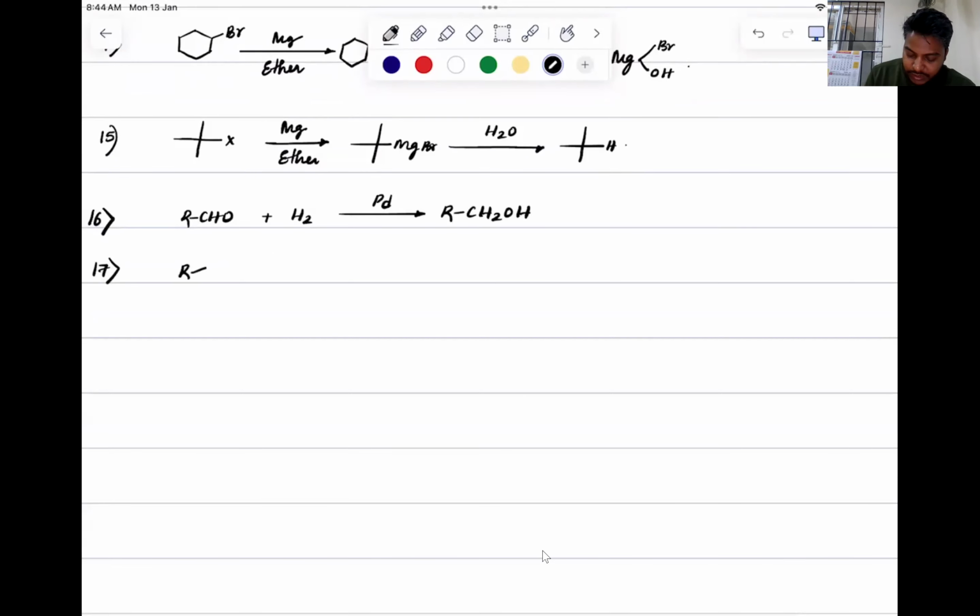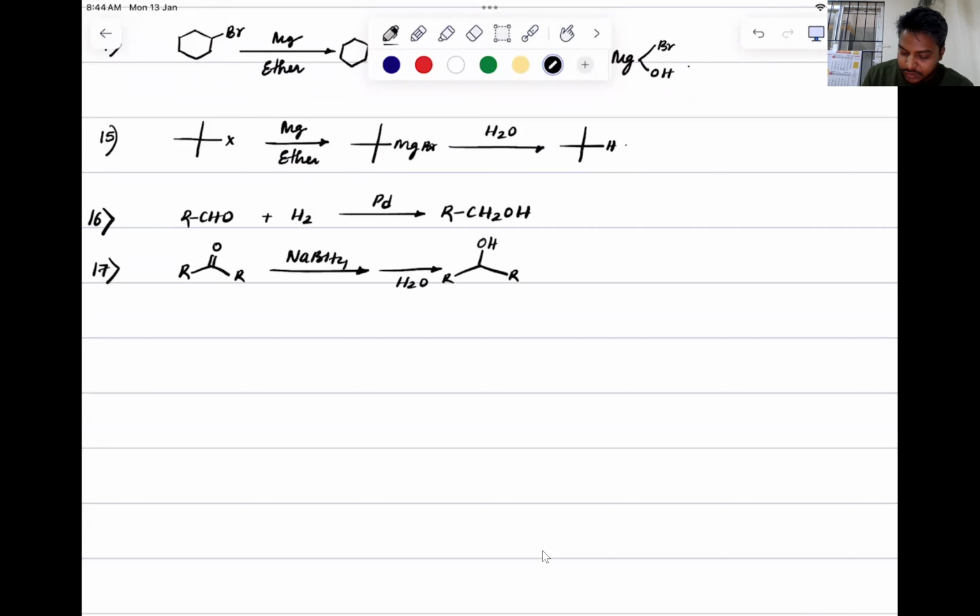Next, R double bond O R. That means any ketone, when you react it with NaBH4 in water, correct? In that case, you have to understand that this gives R, R and OH.